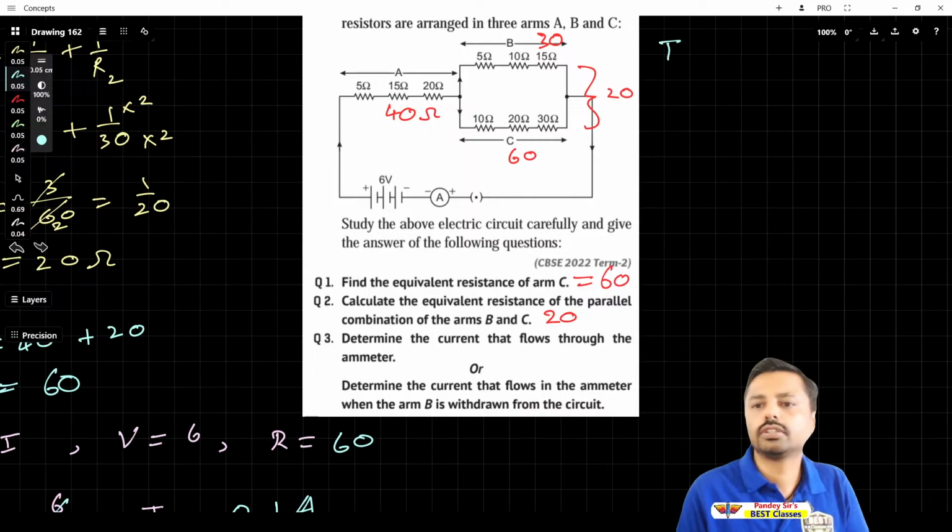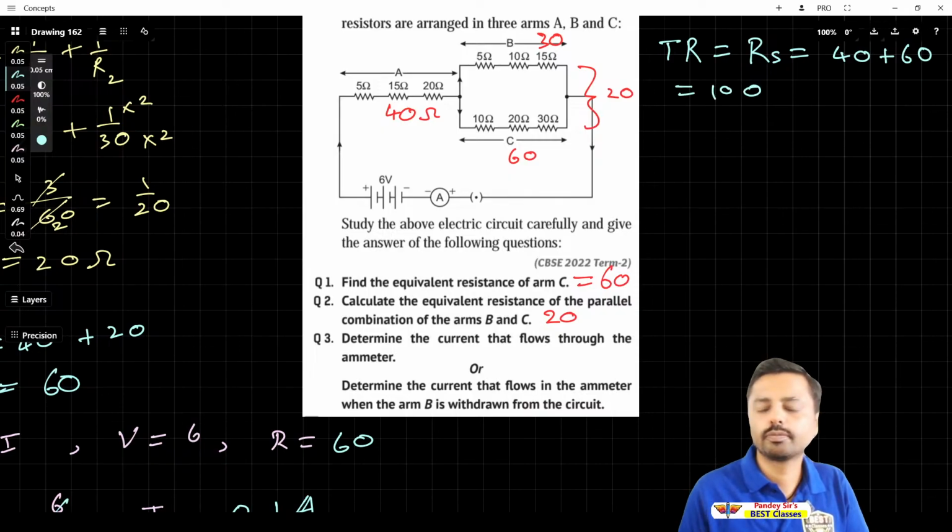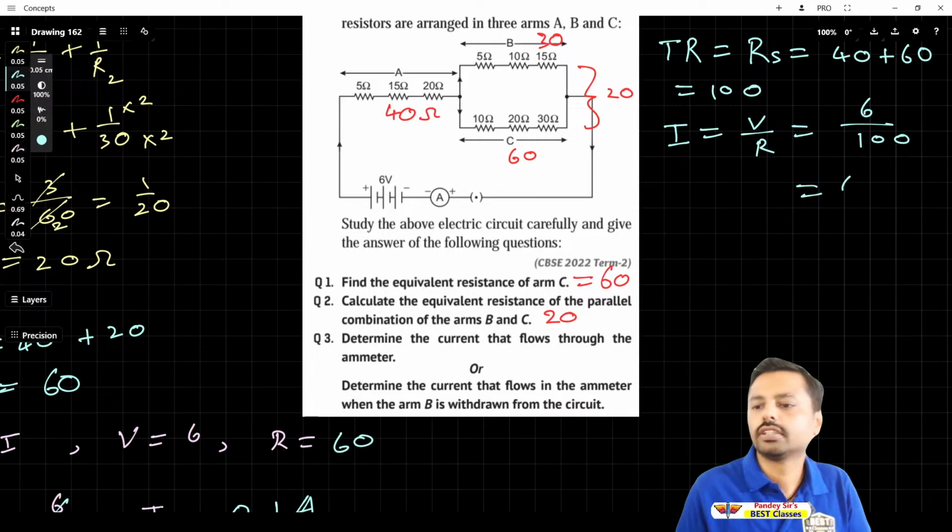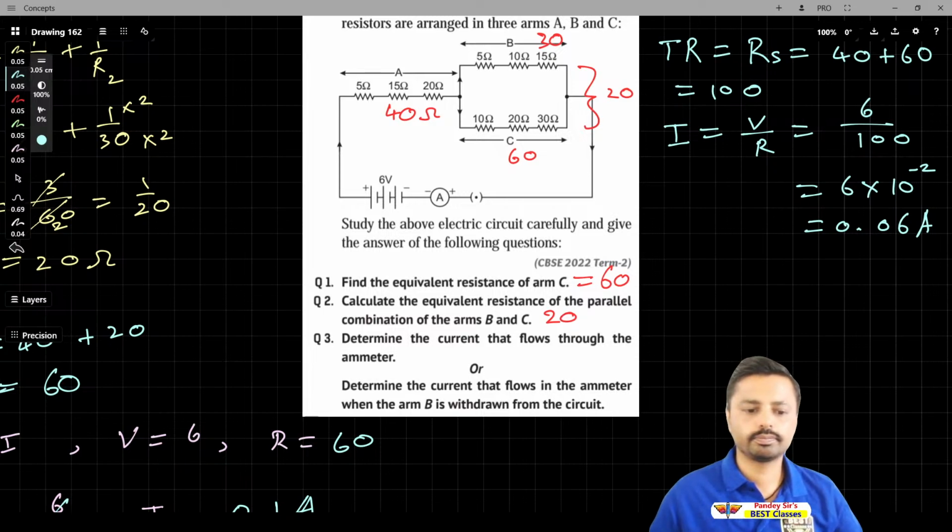Total resistance equal to resistance in series equal to 40 plus 60, that's 100, and I equal to V by R, that's 6 by 100, which is 6 into 10 to the power minus 2, or 0.06 ampere, as easy as that, which is correct.